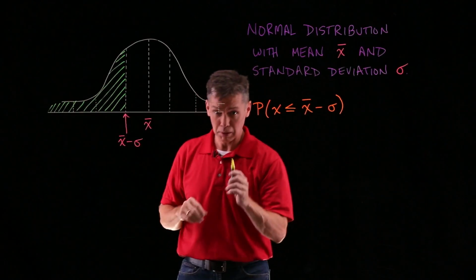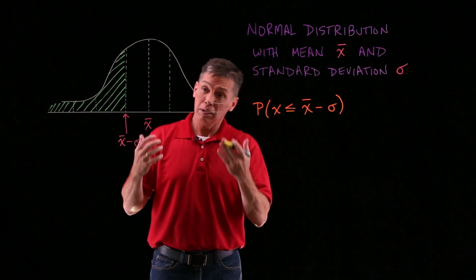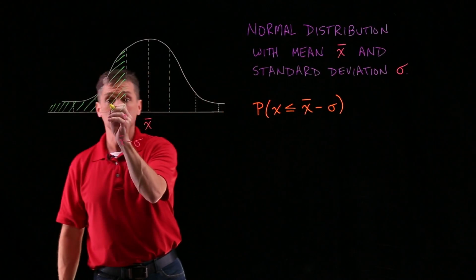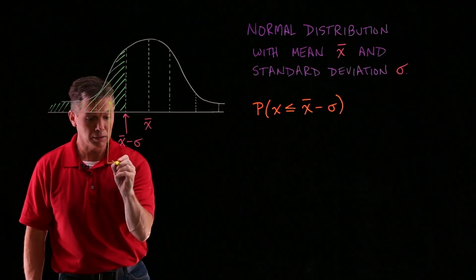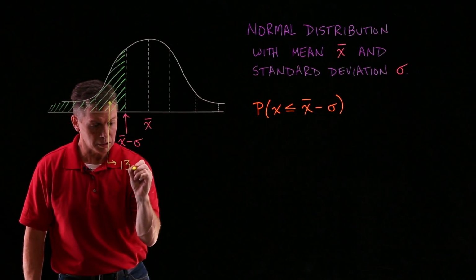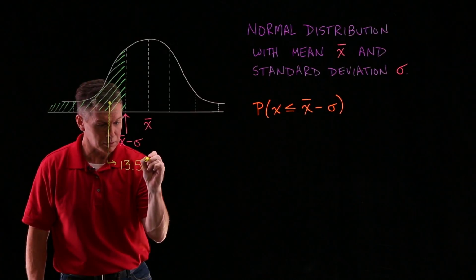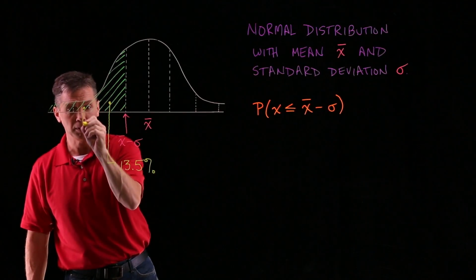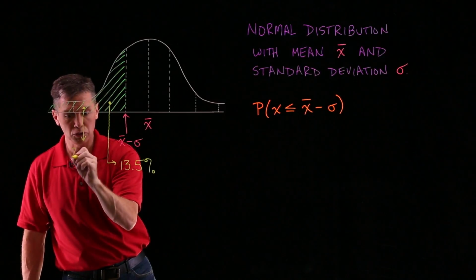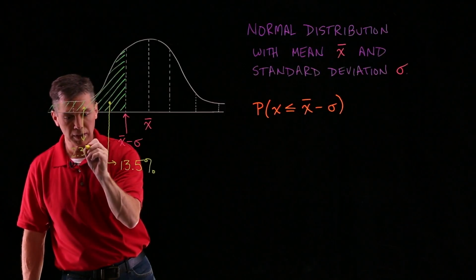So let me grab something to label these. You end up memorizing these, but you do want to know, like this slice here is 13.5%. This slice here is 2.35%.